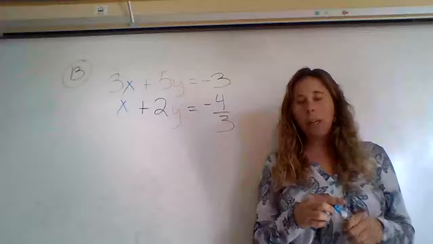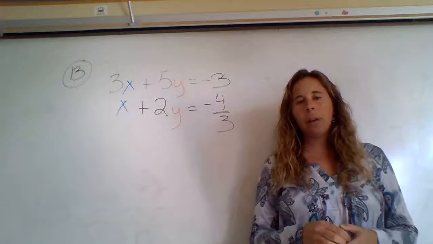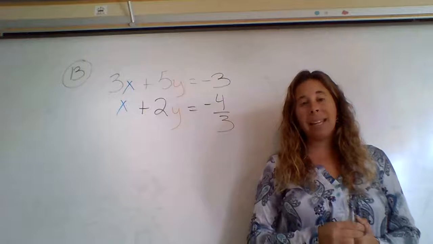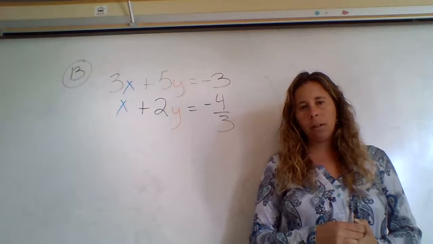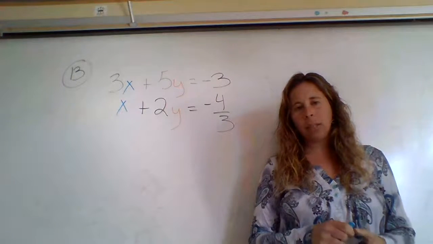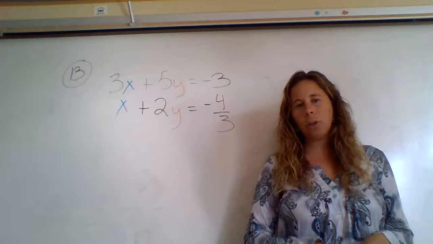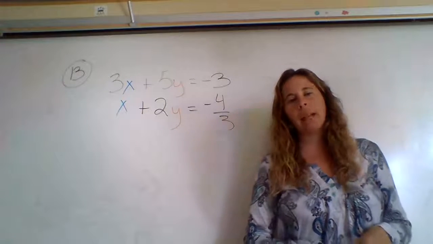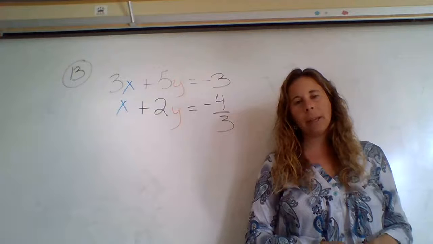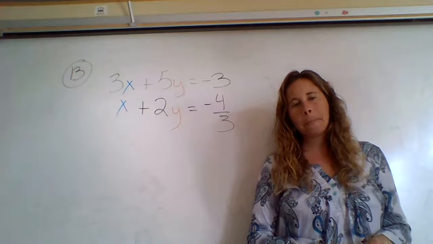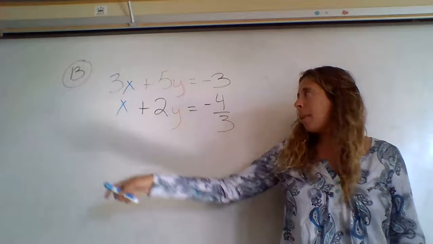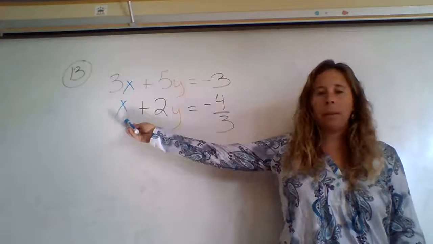You could eliminate either x or y, but x is going to be easier. What can I do so that I can eliminate x? I'm going to multiply my bottom equation by 3.